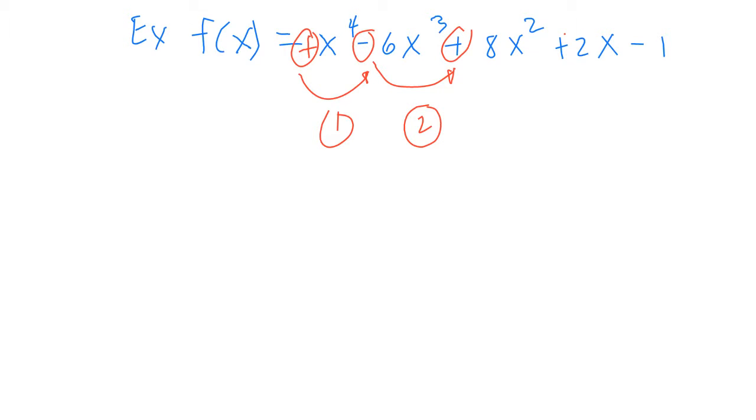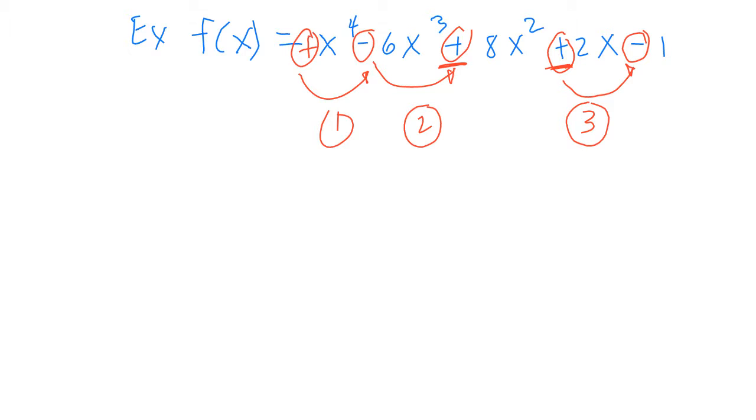As you can see here, plus and then another plus, so it doesn't change. So you cannot count that as a transition. But from the second to the last and the last term, you can see that there is a plus to a negative. So that's counted as 3.